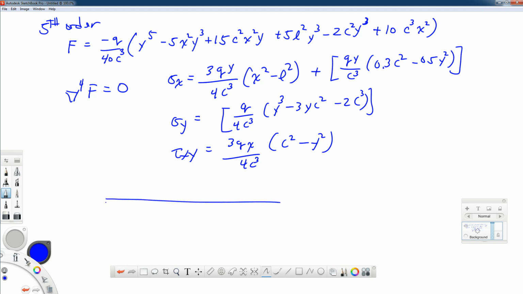Well, if we start with our rectangular region again, it kind of looks like a beam that is c on the top and c on the bottom.